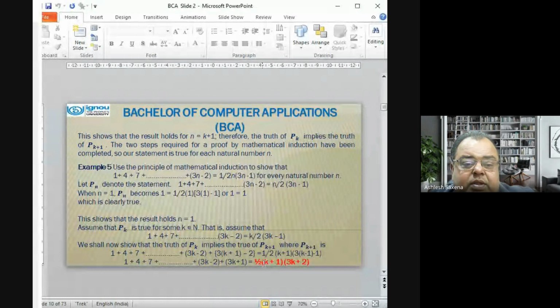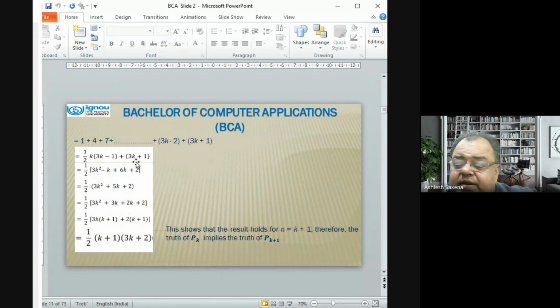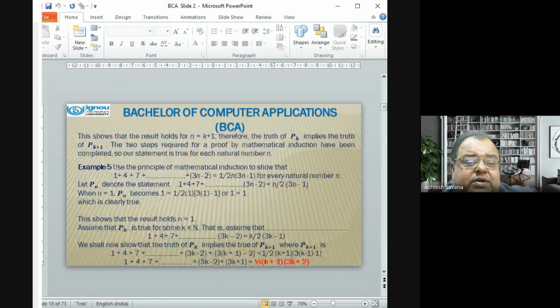This is what you got. Now what I told you, to replace, find this value. Where is this value? This value is here. This plus this. Now here it will come. I've picked up that step, this one plus 3k plus 1. I've left the right hand side over here only. It has been marked. This is what I will be proving.